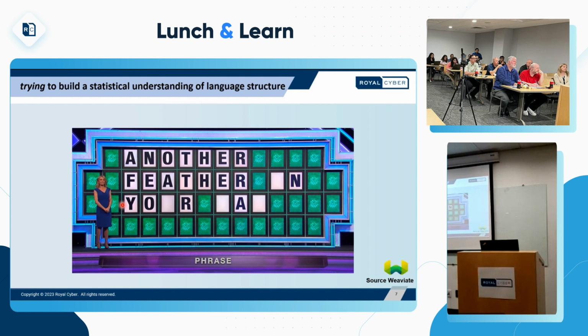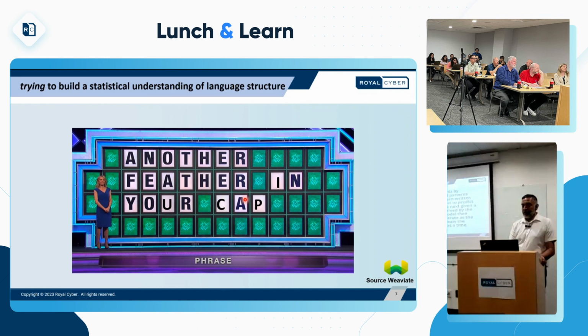The problem here is that ChatGPT will just try to fill this in, but it won't know what it means. The right answer is like you said, another feather in your cap.